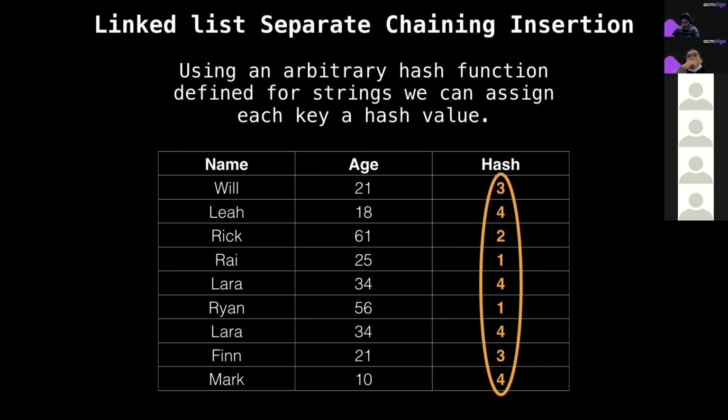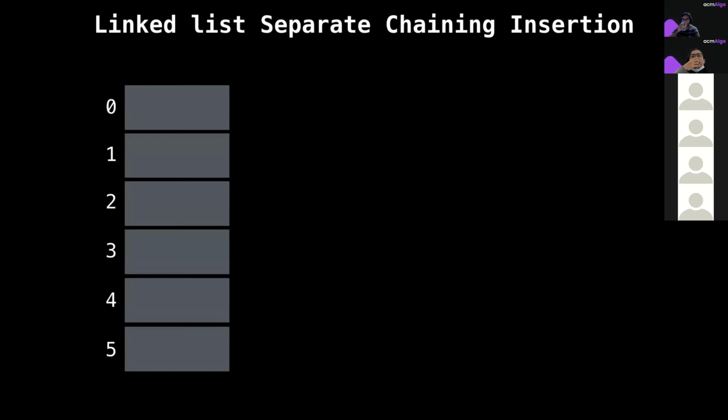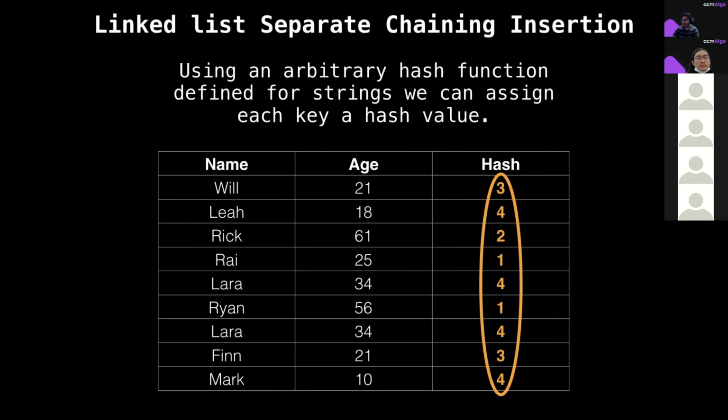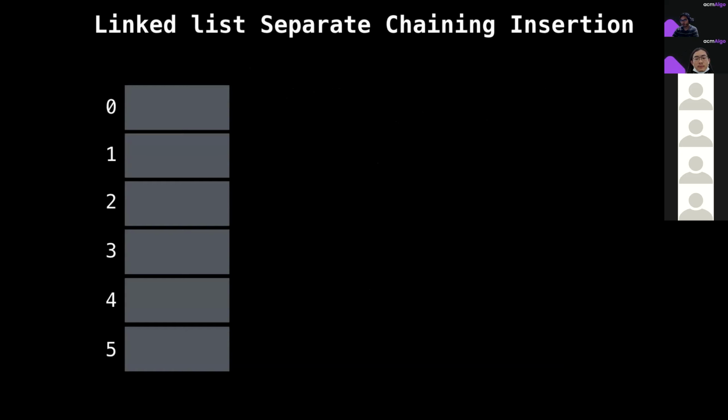They don't really matter for now. We're just going to see how we can use separate chaining to handle the collisions. On the left is our hash table, so our array. And I'm going to be inserting all of these key value pairs into this hash table via separate chaining, and you'll see how easy it is.